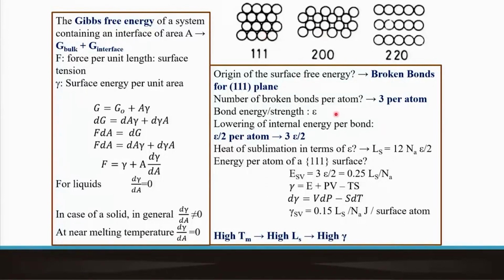So in a nutshell, if the bond energy is very high, then we understand that the crystal will have a very large melting temperature. And if it has a large melting temperature, then automatically the heat of sublimation is fairly high, and hence the accumulation of unsaturated bond energy on the surface also will be high. So solids which have a higher melting point or higher heat of sublimation will definitely have higher surface energy.